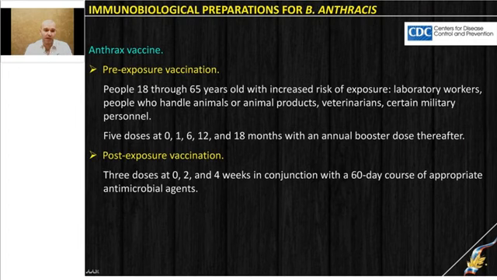Of course, there should be some high risk of exposure. Usually it is laboratory workers or veterinary doctors, and in some countries military personnel are vaccinated because of the high risk of trauma contaminated with soil, and there is a high risk of spores in soil because of the high use of animals and industry and others. So in some countries military personnel should be vaccinated as well.